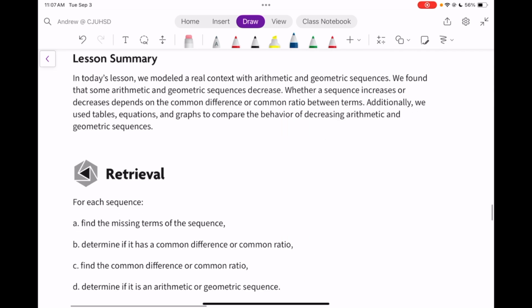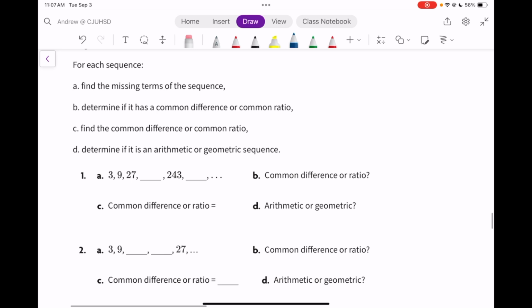On our retrieval section, just some reminders here about arithmetic versus geometric. In 1A, we're going up by 6 and then more than 6. So this is geometric. We're actually multiplying by 3. That makes this 81. And then 243 times 3.